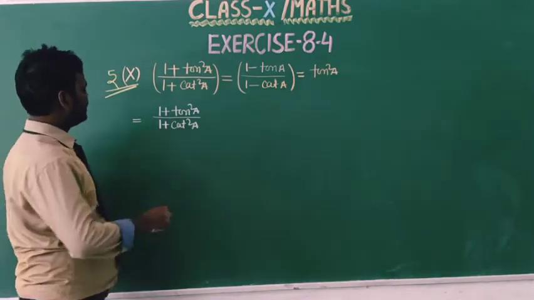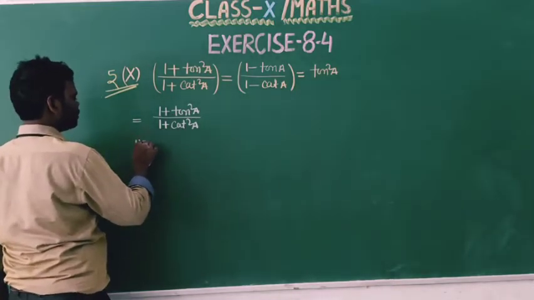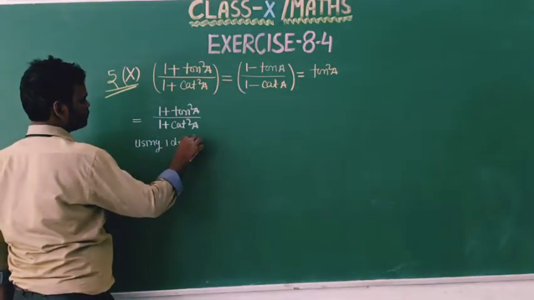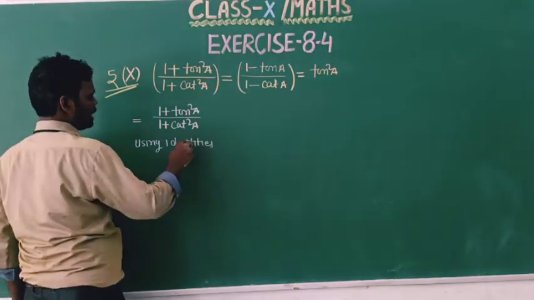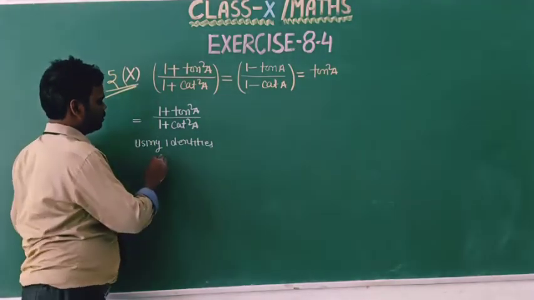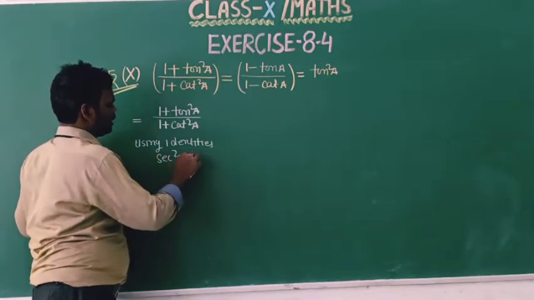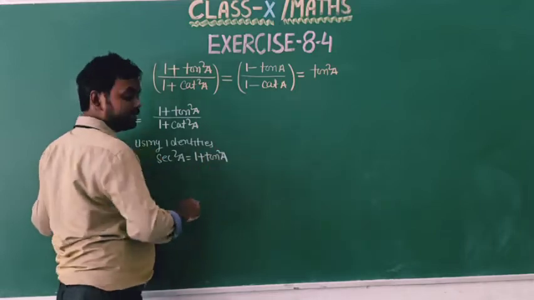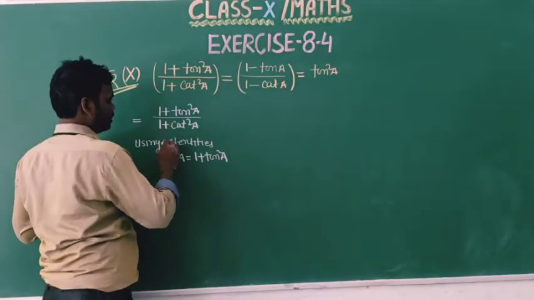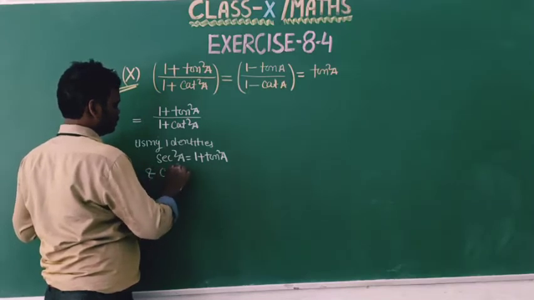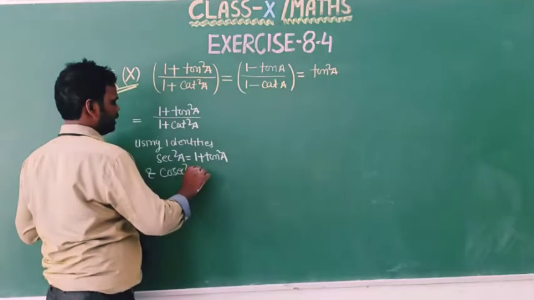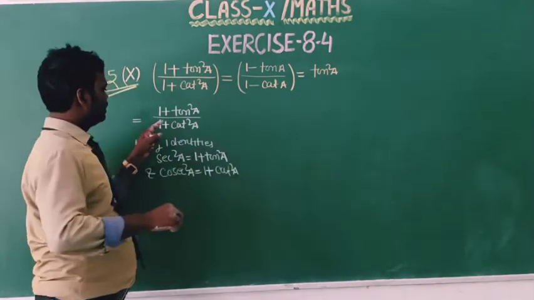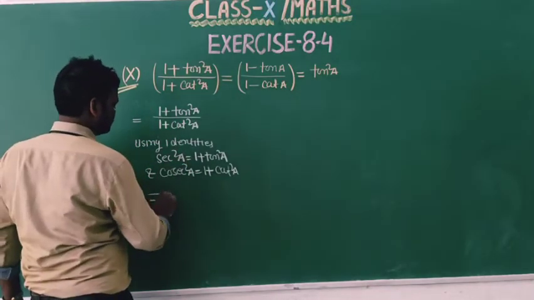Now using identity over here, sec square A equal to 1 plus tan square A, and cosec square A equal to 1 plus cot square A.